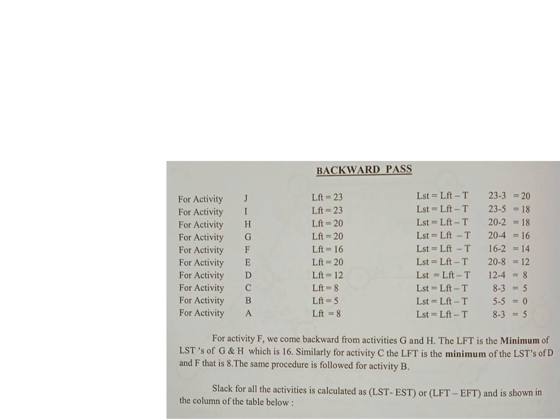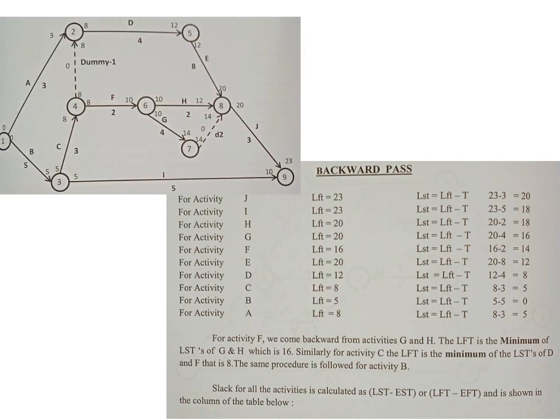Now we look at the backward pass for the same activities. In the backward pass, we start from activity J, instead of starting from activity A. So if the latest finishing time for activity J is 23, whether it is weeks or days, whatever it is, the latest start time has to be the latest finishing time minus the time required for J to complete.